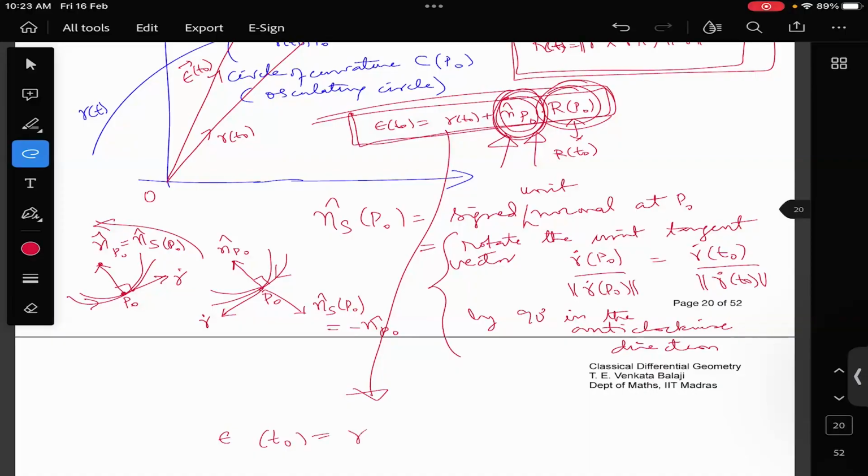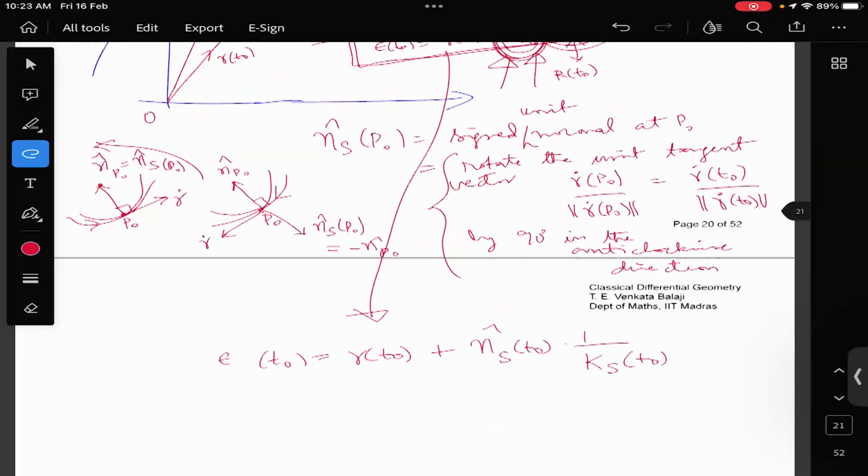So the whole equation can be written in a nice way, and if you write it in this way, you now have an analytic expression where the signed unit normal is defined in a concrete way, and I am not using the geometric normal. You understand? So I get epsilon of t naught is equal to gamma of t naught plus the signed unit normal at t naught times 1 by ks at t naught.